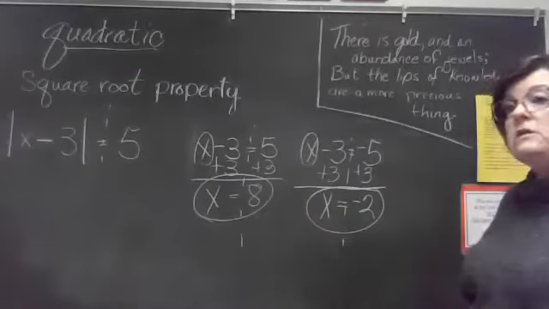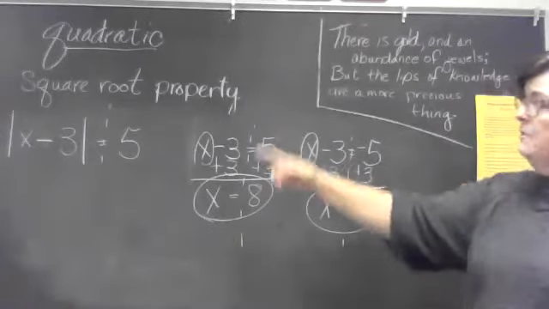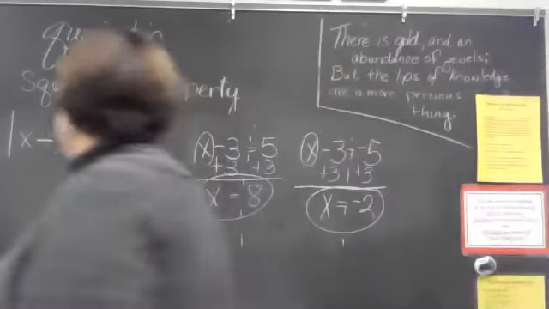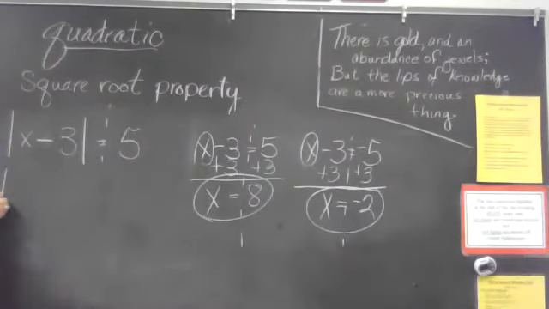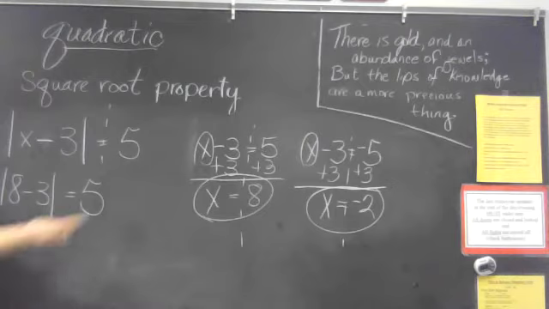Now let's prove it. It says x can be equal to 8 to make that true. So let's go here and see if it works. If I put 8 minus 3, 8 minus 3 is 5. What's the absolute value of 5? 5. Okay, let's try our other answer and see if it works.